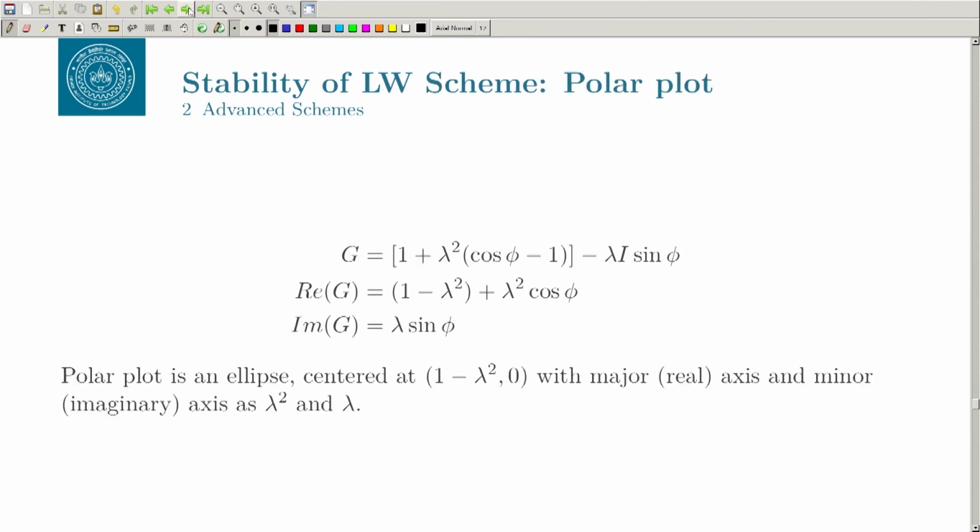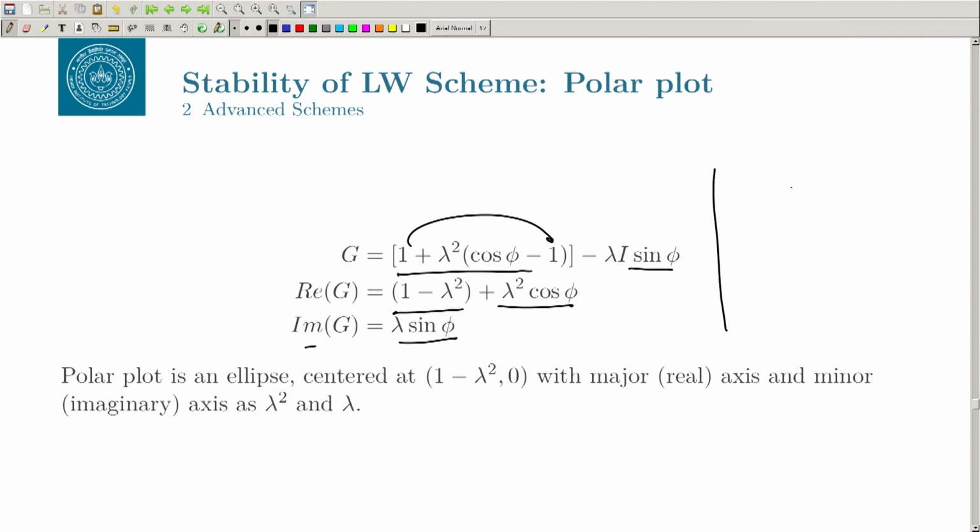You can also look at the polar plot, okay, or the Argand plot. So, basically what we are doing. So, this is the expression that we had earlier when we derived. So, g is equal to 1 plus, so real part is (1 minus lambda square) plus lambda square cos phi, and the imaginary part is lambda sin phi, right.